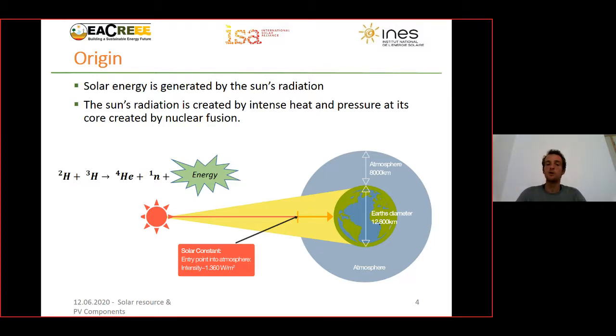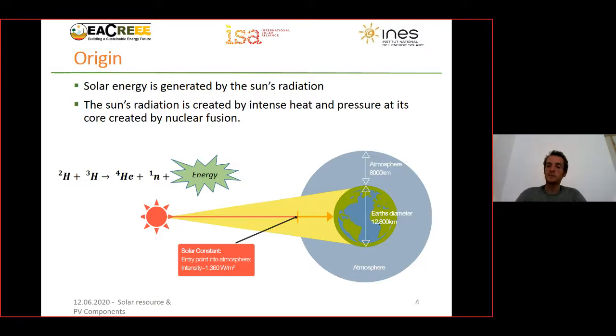And when you do a fusion reaction with these two components, you create a large amount of energy in space. And so solar energy is basically generated by heat and pressure by this specific nuclear fusion.